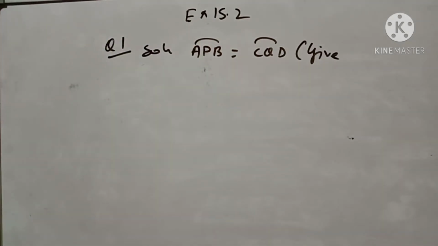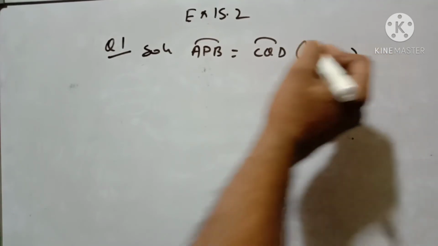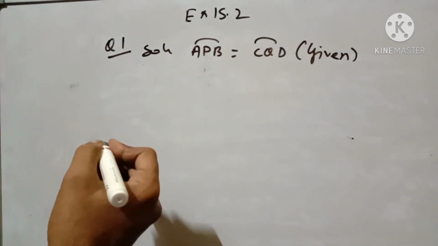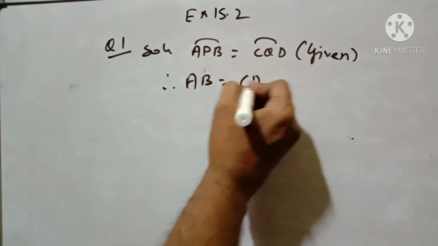Solution: arc APB equal to arc CQD. It is given. Therefore I can write AB equal to CD.